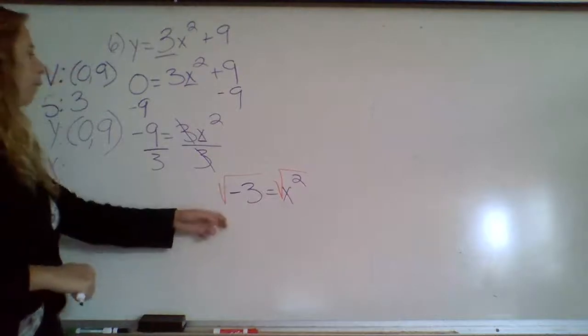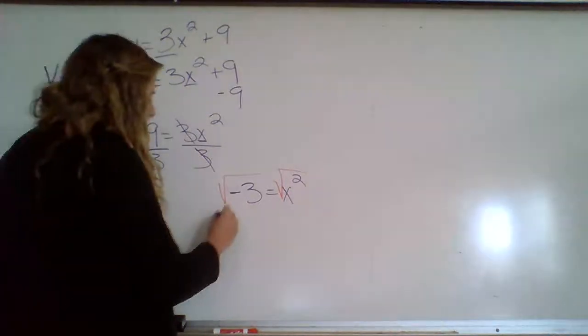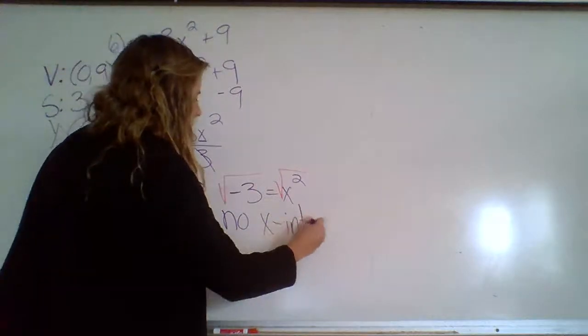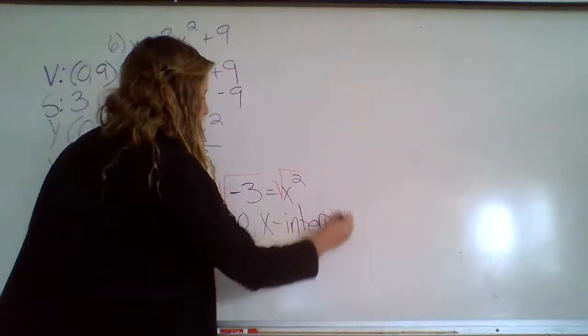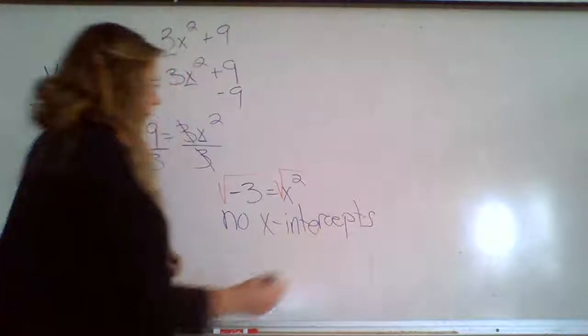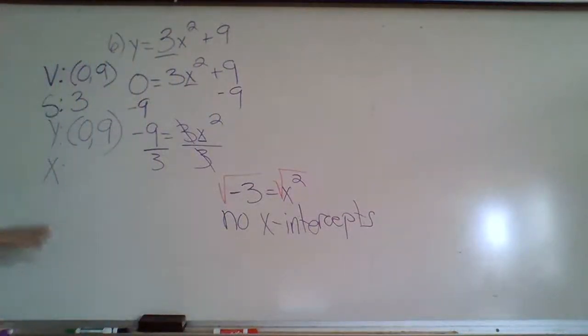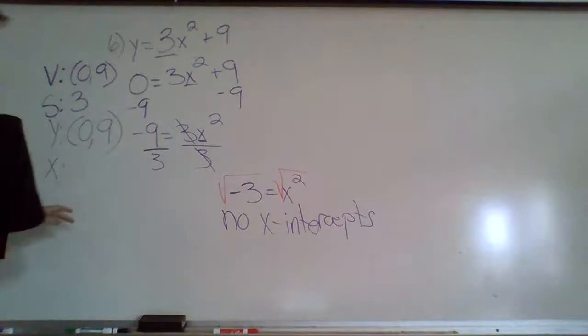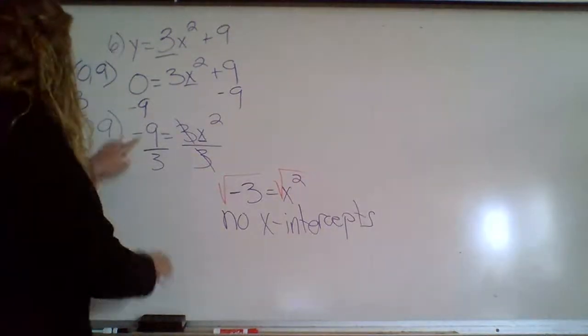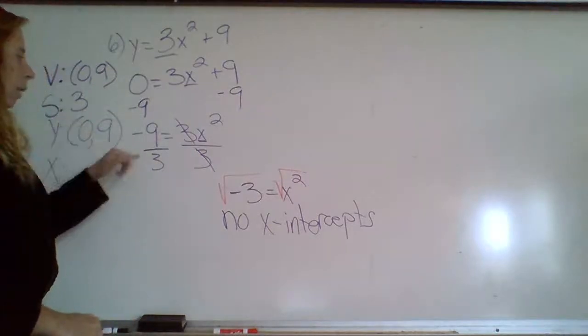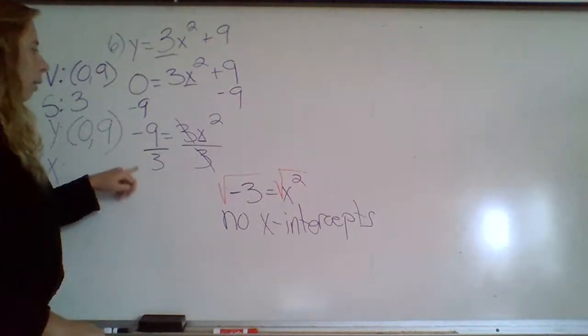If you were to graph this, there would be no x-intercepts. So really for this problem I got a little sloppy. As soon as you got to negative 9 equals 3x squared, you could tell this is going to be a negative number over here.